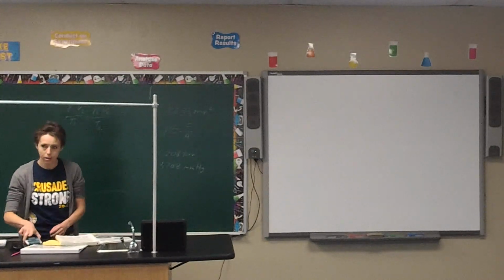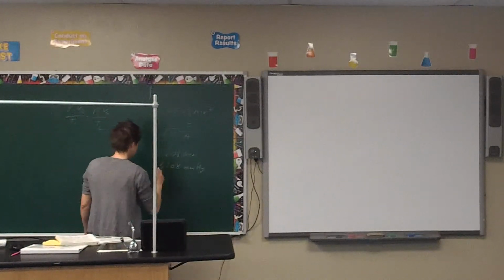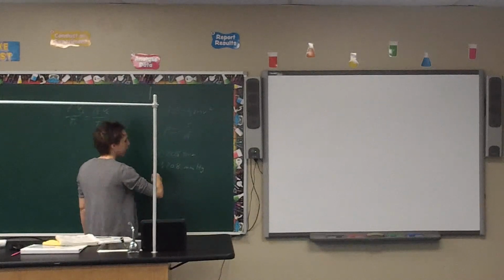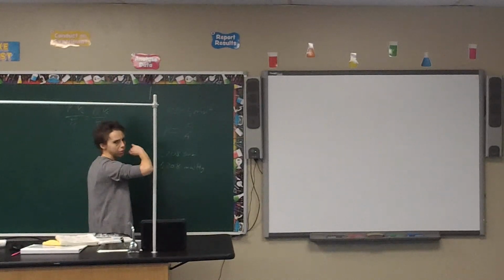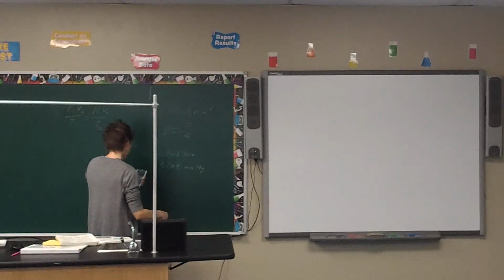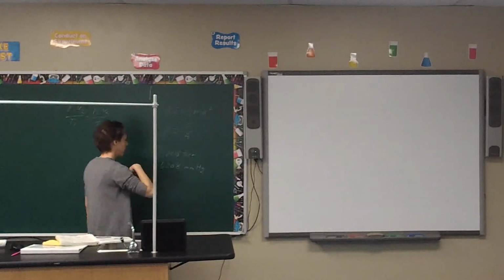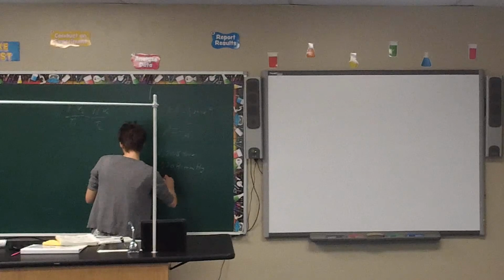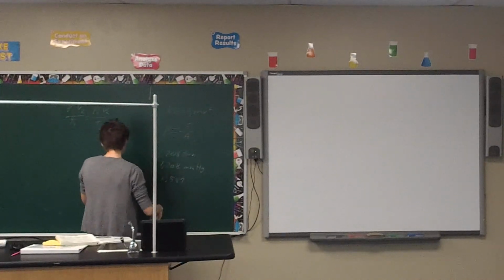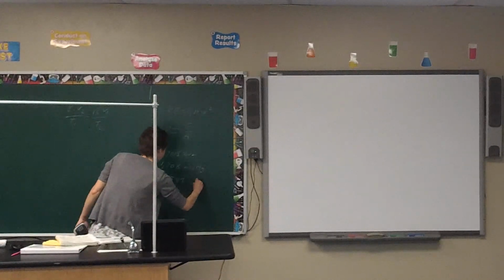Alright, for this, we're not going to worry about sig figs since we're just figuring this out. If I have 1,208 millimeters of mercury, I have 1.589, we'll just leave it before sig figs since these have 4 sig figs, ATM.